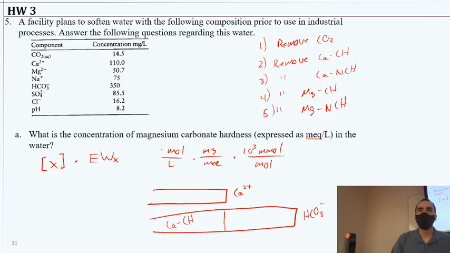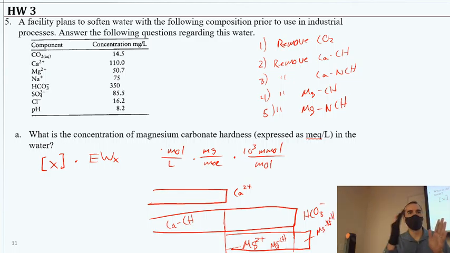And then you'd have no non-carbonate hardness because you have no calcium that goes beyond that. And then maybe you have this much magnesium starting from that point. Then this much of it is magnesium carbonate hardness, and then this much would be magnesium non-carbonate hardness. So essentially, you can break apart the system into the different components of what you need to remove.